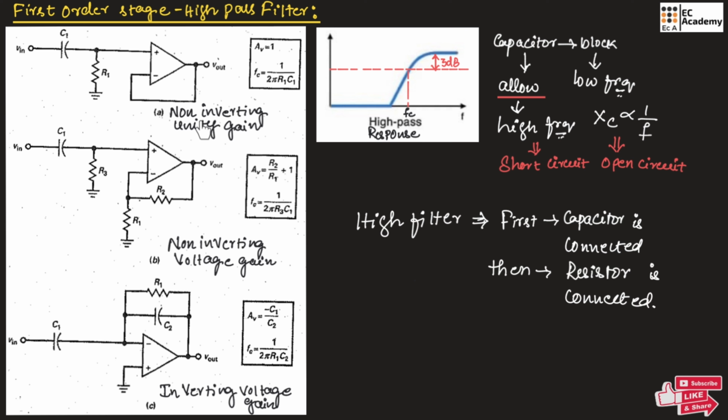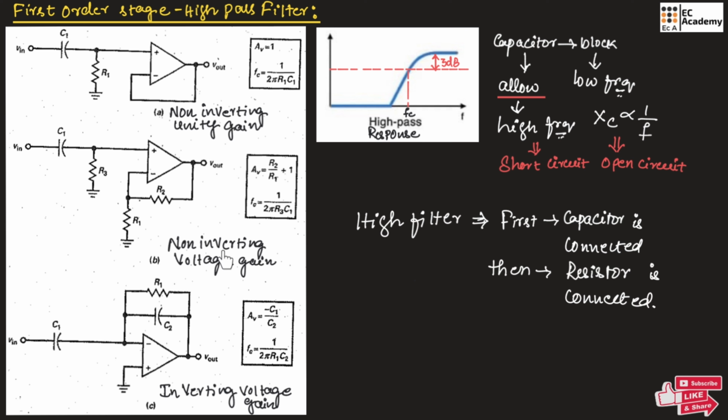First circuit is a non-inverting unity gain first order stage high pass filter. Since the gain of the circuit is 1, it is known as unity gain, and input is connected to non-inverting terminal, hence it is known as non-inverting unity gain circuit. The cutoff frequency for this circuit can be calculated by using the formula 1 divided by 2 pi R1 C1.